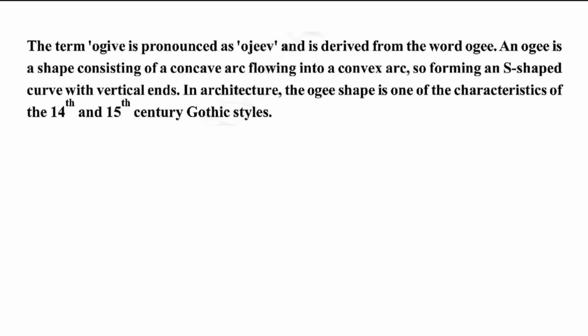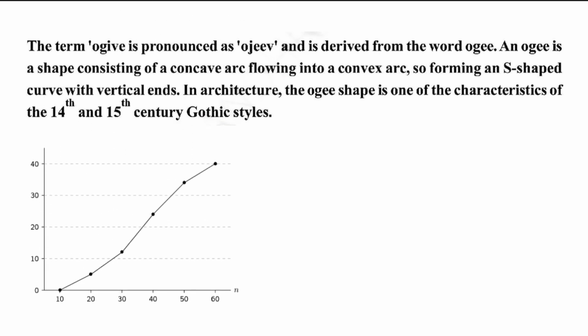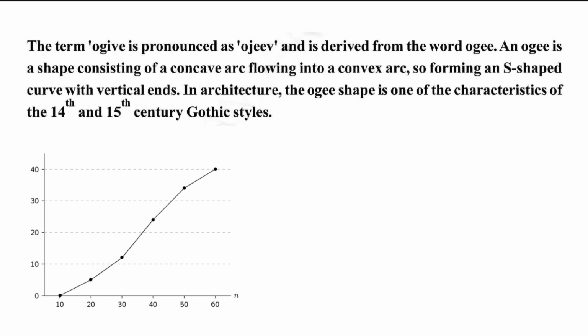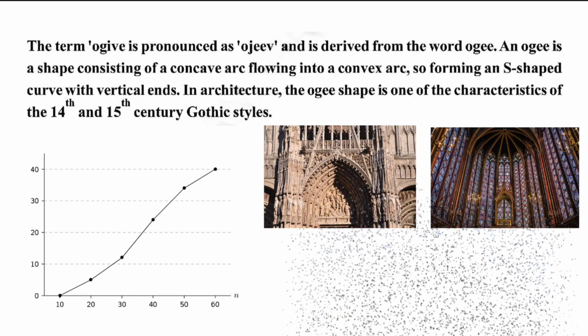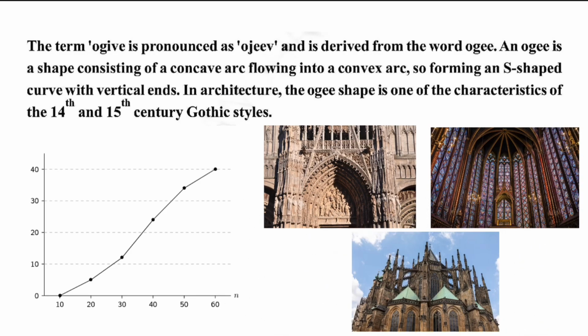An OG is a shape consisting of a concave arc falling into a convex arc, forming an S-shaped curve with vertical ends. In architecture, the OG shape is one of the characteristics of the 14th and 15th century Gothic styles. Cumulative frequency curves or Ogive curves are of two types.